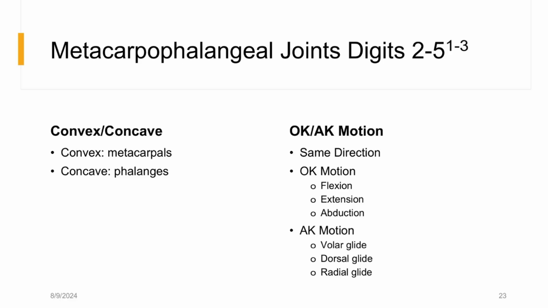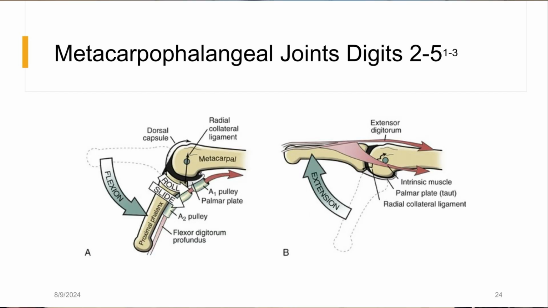So with flexion, you get a volar glide. Volar glide is the same way as anterior. Dorsal glide is the opposite, which is necessary for extension. So the posterior glide is necessary for extension. It's the component motion necessary for extension of the MCP, PIP, and DIP. And here are your visuals.